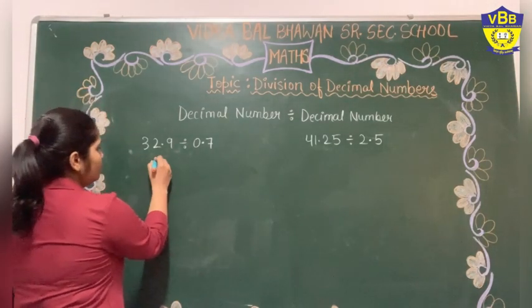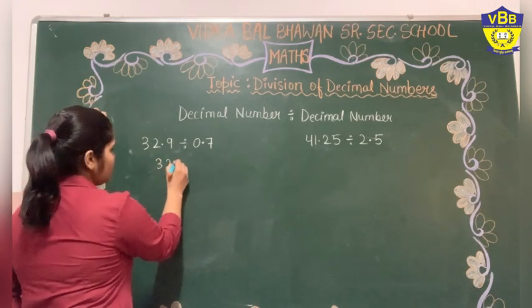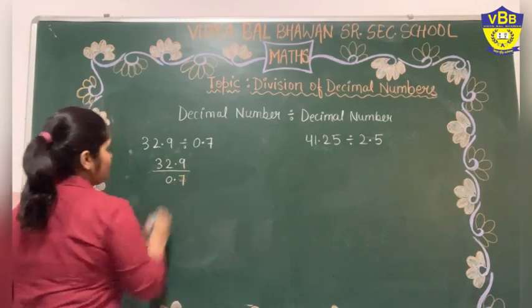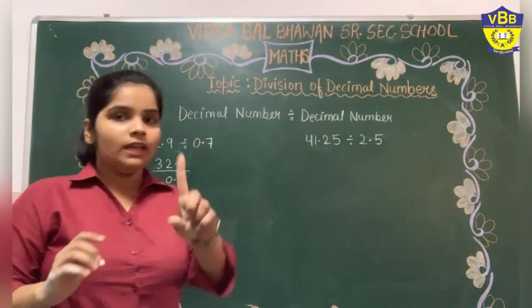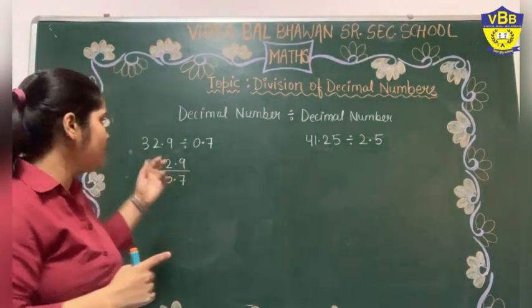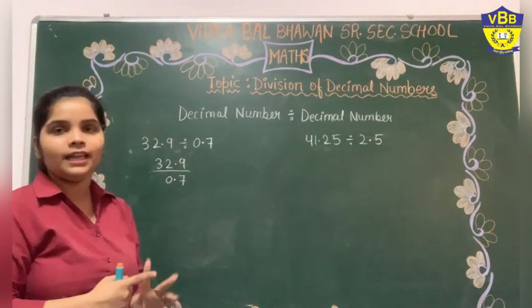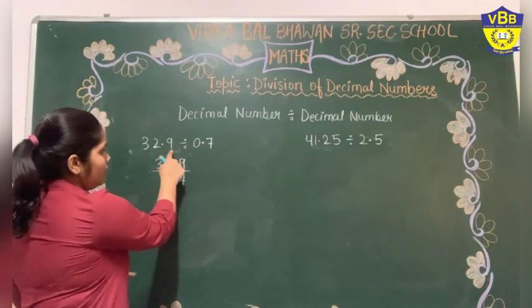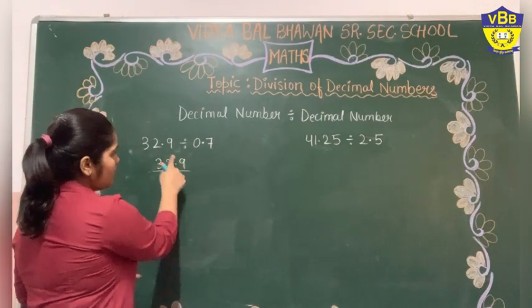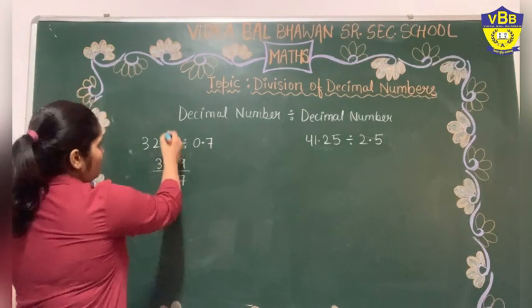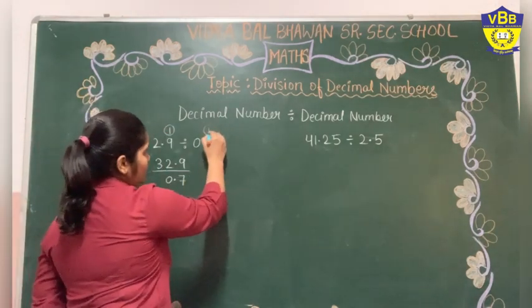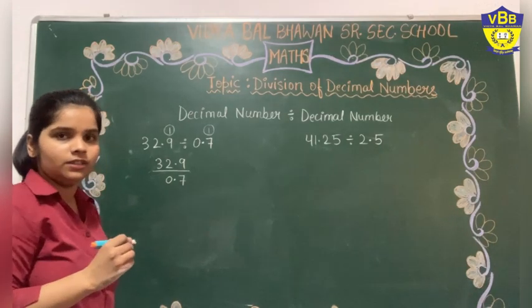Now if we want to divide these two numbers, 32.9 divided by 0.7, check one thing first: are both the decimal numbers like decimals? Yes, because the number of digits after the decimal is the same. Here it is only one digit after the decimal, and here also it is one digit after the decimal.